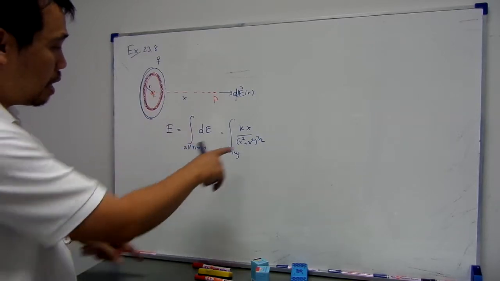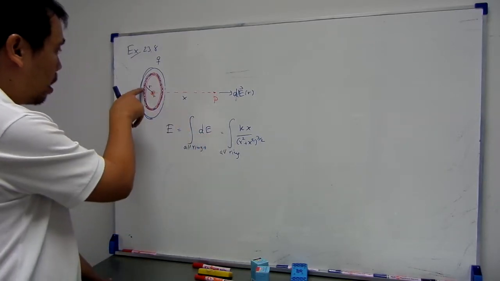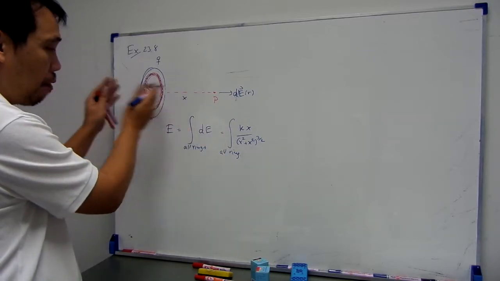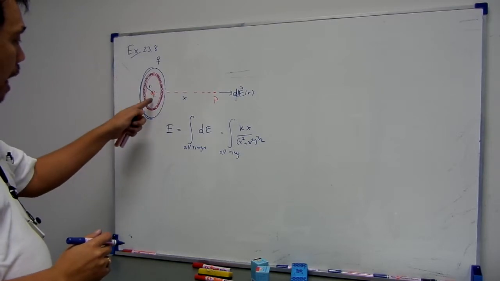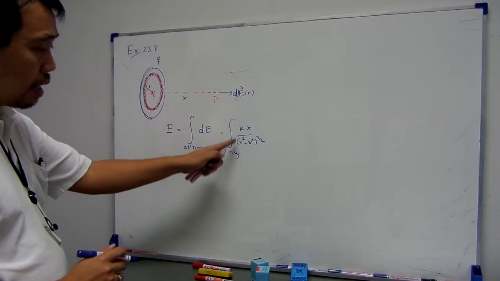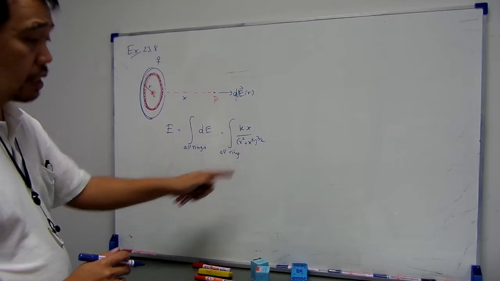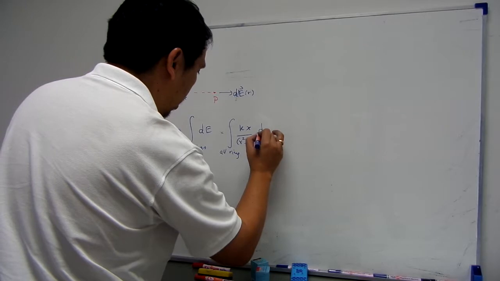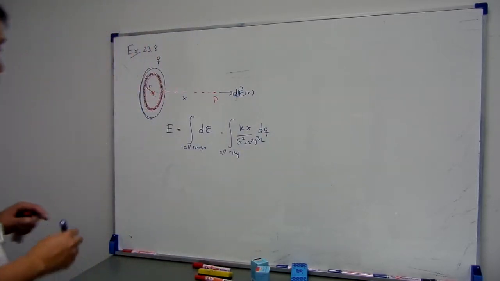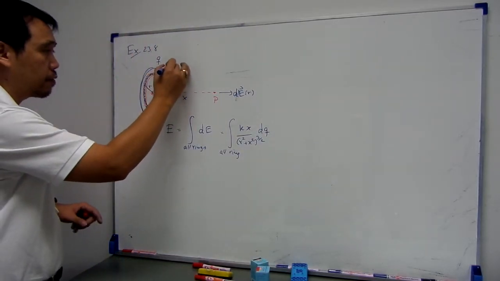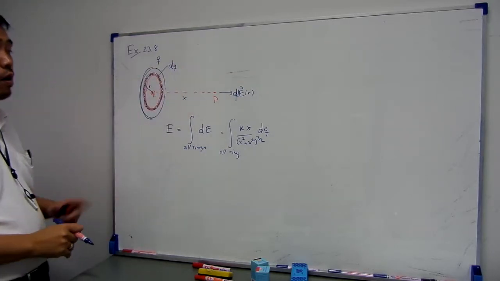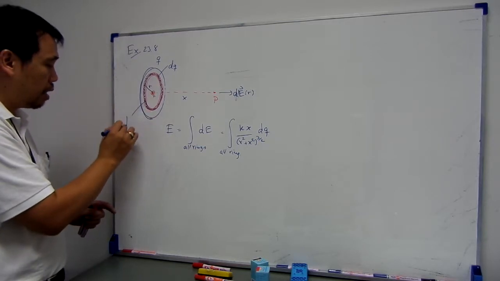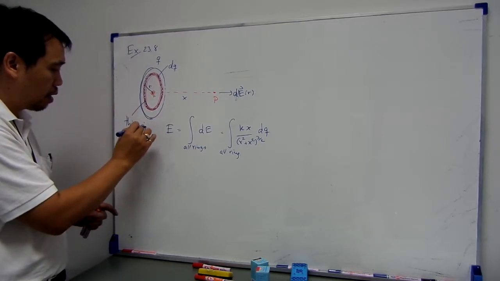This is the dE for this ring only, and we do the integration. It means we sum up for all rings. So R is different for each ring, and in this integration, R is a variable of integration. And here we call it dQ. dQ is the charge on each ring, and we assume that we have a very thin ring.